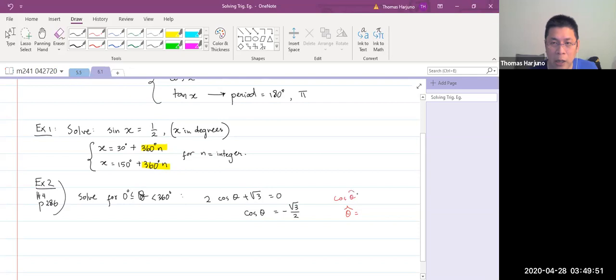Cosine theta hat equals to radical 3 over 2. I just use the positive part. That way I get my reference angle. And the reference angle is 30 degrees, right?